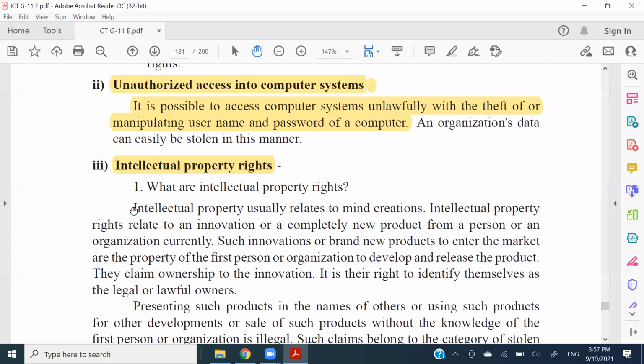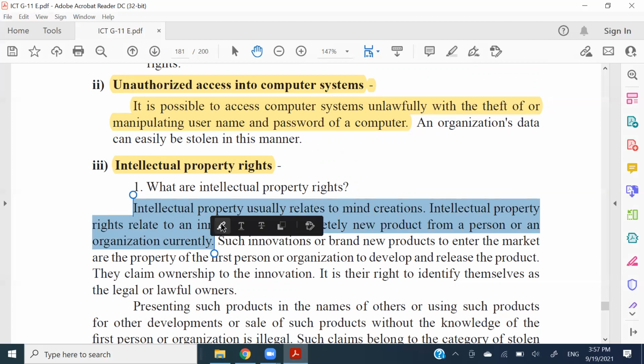Yes, you may write it like this. Copy these two lines.